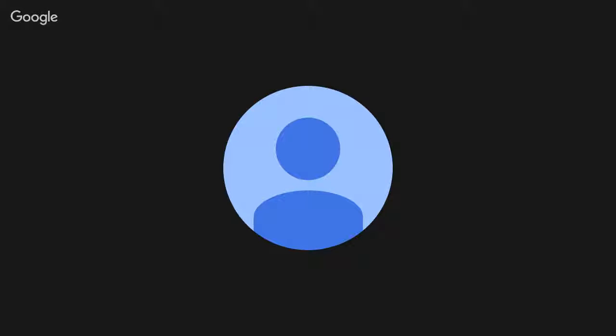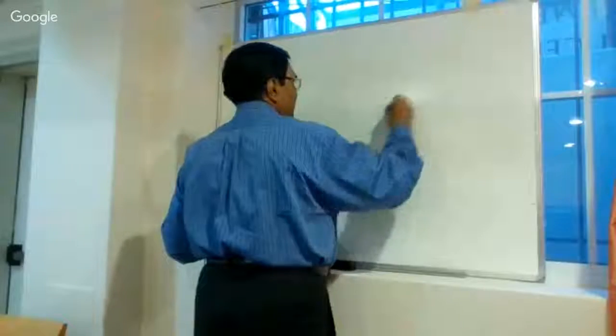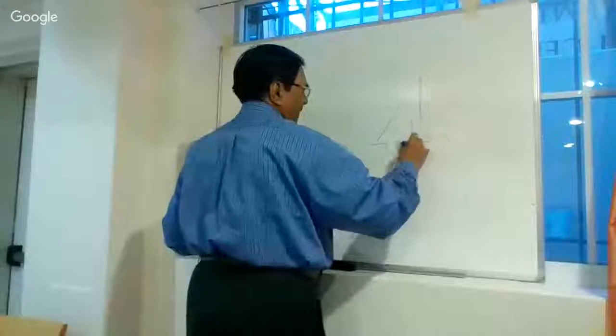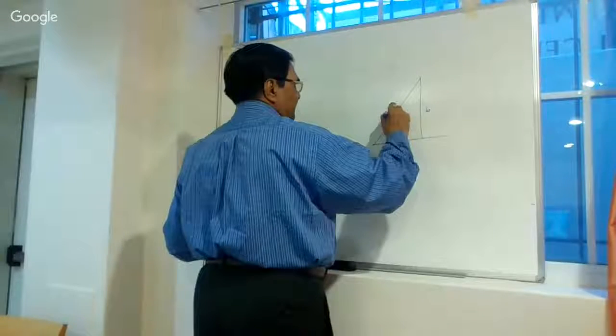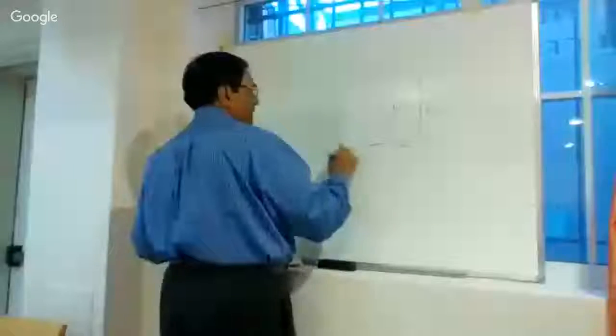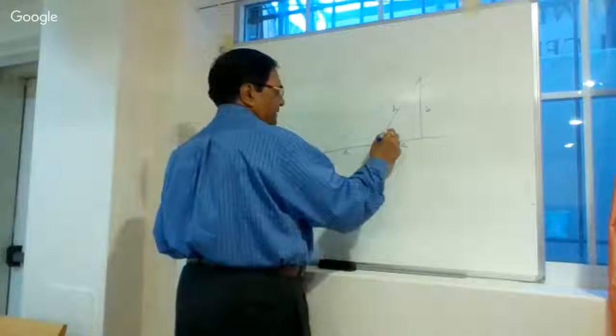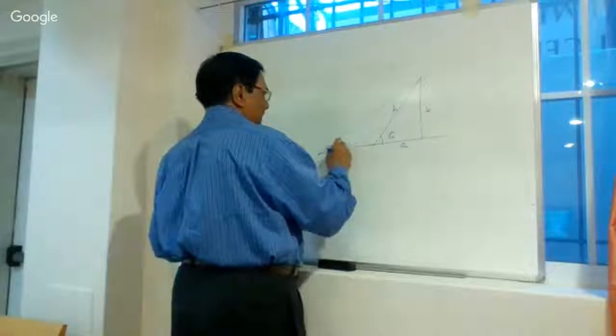See, you can go forward. This is A, this is B, and this is H. You can take it here, H. This is theta. This will be theta by 2, we know.